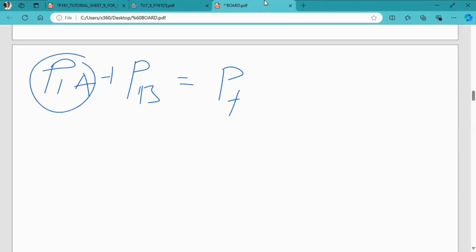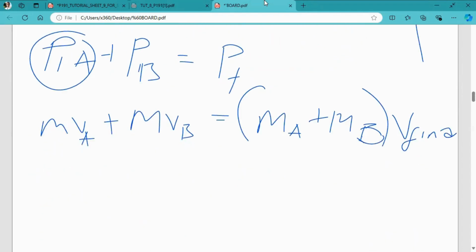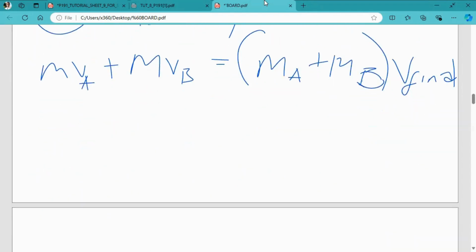So for A, we're going to say mv for A, then mv for B. This should be equal to the open bracket ma plus mb, and outside the brackets we're going to have v final. Since they're sticking together, they'll have the common final velocity.